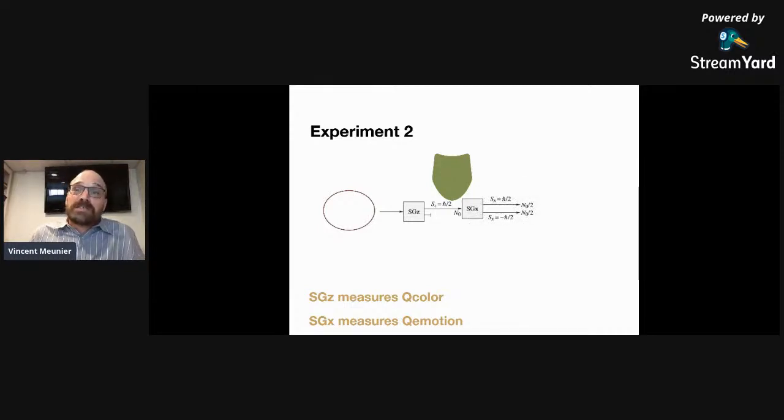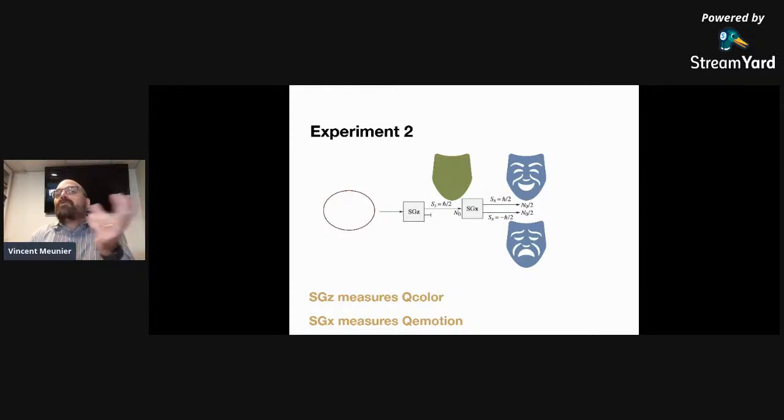All the monsters that I measured on the top will be happy. All the monsters on the bottom will be sad, like this. I put it in blue because I could not measure the color. Since I do not know what it is, I just know that it is happy or sad here. Okay. So very good. So this is what I do. Just so it's clear, I'm just measuring quantum properties right now, just on a piece of paper.